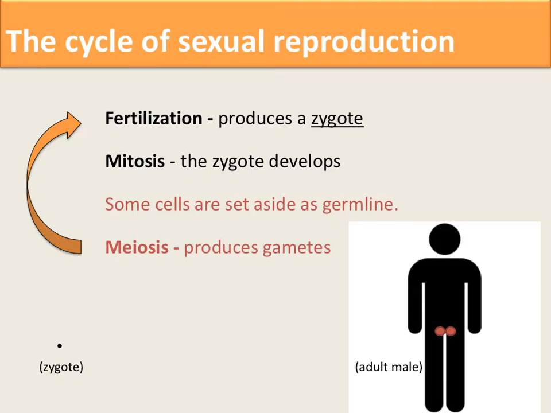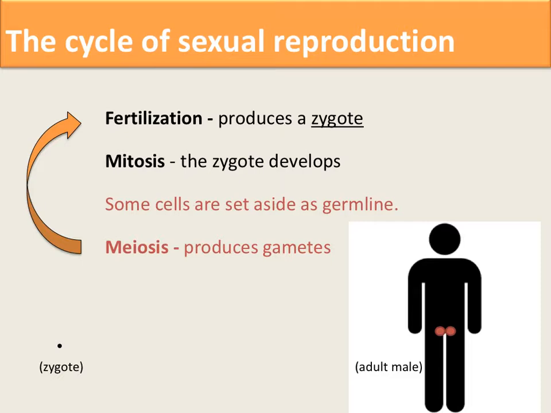Okay, so fertilization produces a zygote. And then what happens after that? You've got a single-celled fertilized egg. It was formed by two meiotic cells during sex, and it ends up diploid, and that starts undergoing mitotic division, so that eventually, with the right program, you end up with, let's say, a human being.